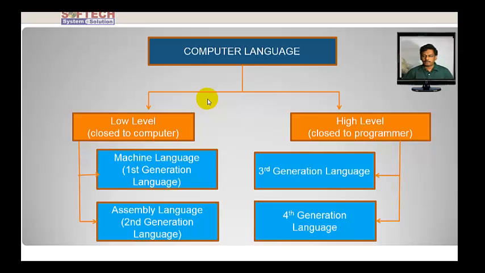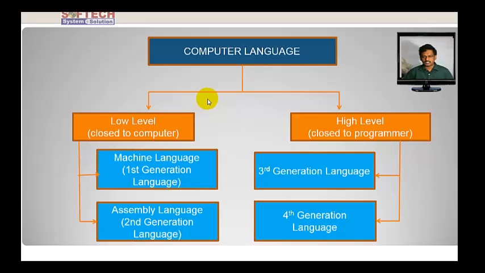Each language has unique symbols and grammar. Human languages communicate human to human, but computer languages help to communicate human to computer machine.